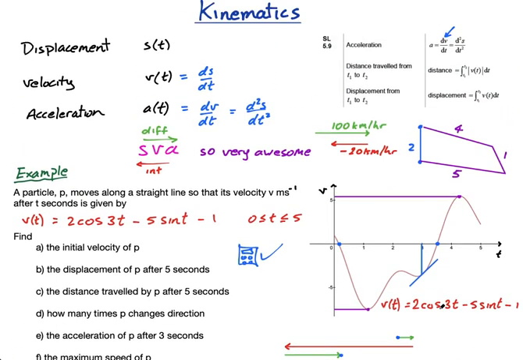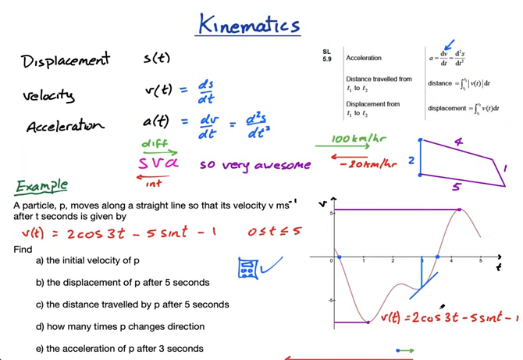The key points to note are, obviously you know what displacement, velocity and acceleration are. This SVA thing: differentiate to get from displacement to velocity and velocity to acceleration, and then integrate to go backwards. And when you are given a velocity time graph, make sure you understand what's actually happening.